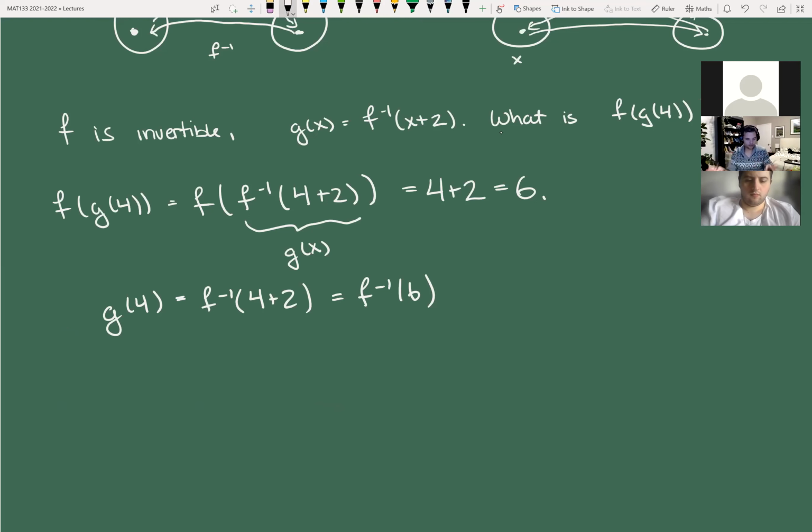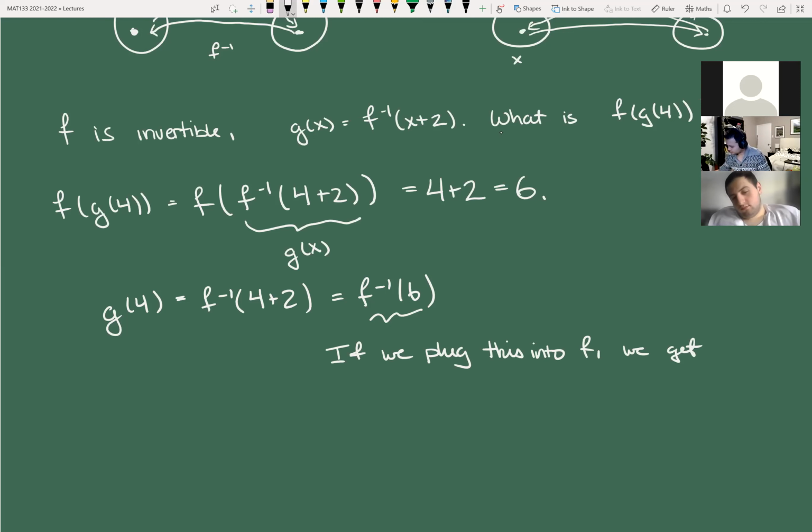So g of 4 is f inverse of 6, right? Just by plugging in x equals 4 everywhere. Okay, everyone's okay? So f inverse of 6 is whatever number f sends to 6, right? So basically what this says is that whatever this is, if I plug it into f, I get 6 out.